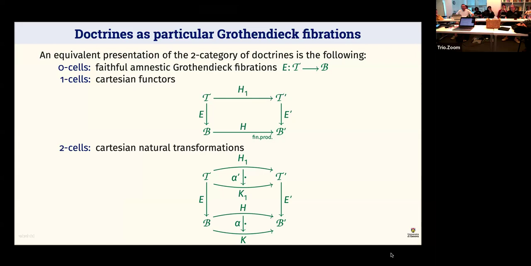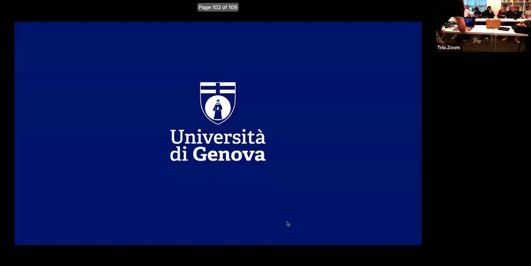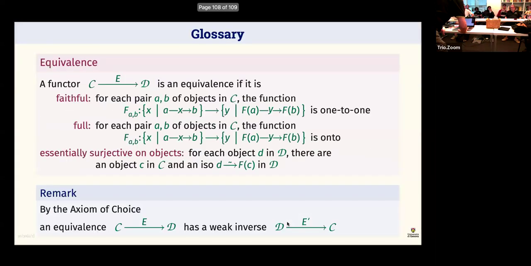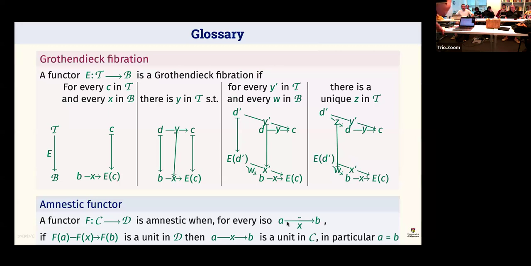What does amnestic mean? Thank you for the question. Nobody asked what a Grothendieck fibration is, but it's written there. Amnestic is sort of a pun for near, well, forgetful, yes, for forgetful, but it couldn't be forgetful because that's already something else.